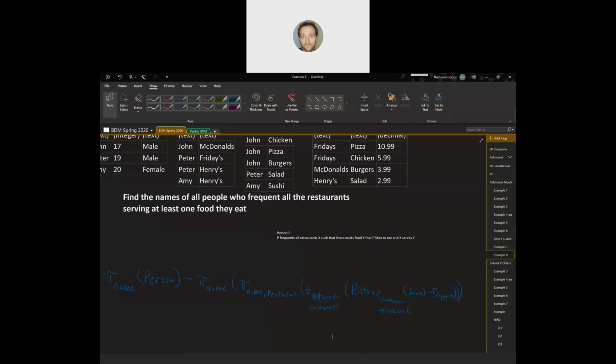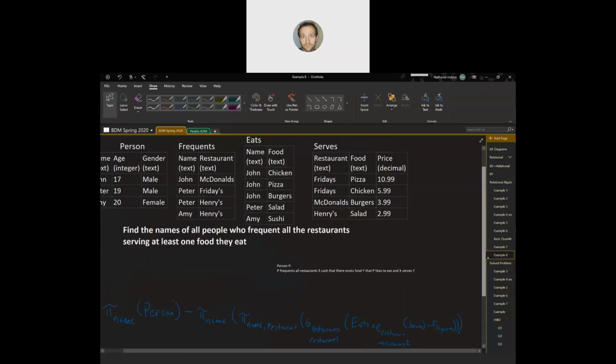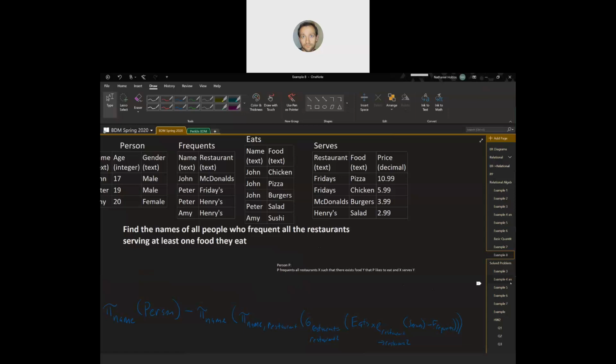How do you do that in restaurants when eats doesn't have restaurant in it? Hold on just a minute. Sorry, you're right. This should be food. Thank you, Toyin.